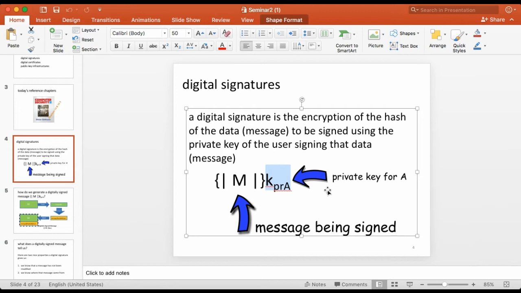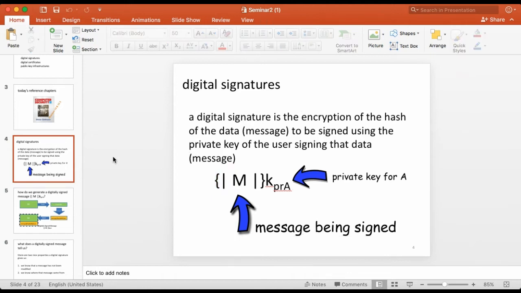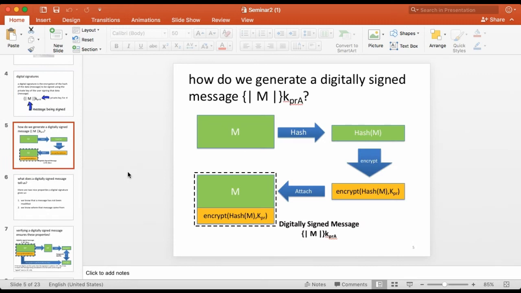So we apply the operation of signing using the private key for Alice to M. And this operation is expressed as a curly bracket with a vertical bar. So this is in terms of the notation itself.